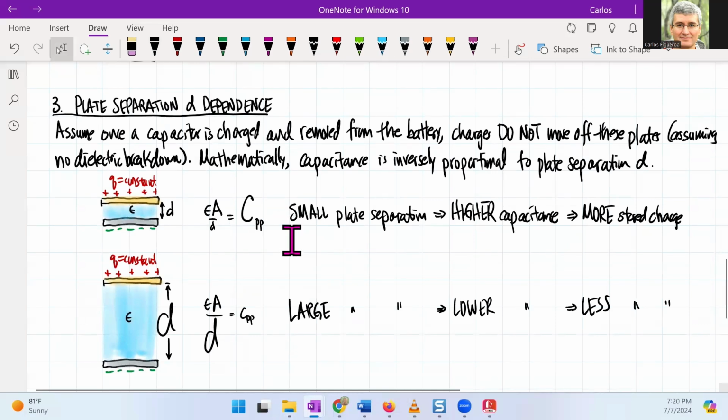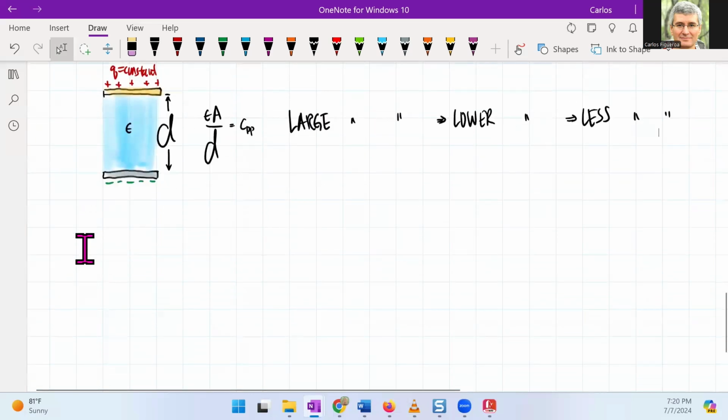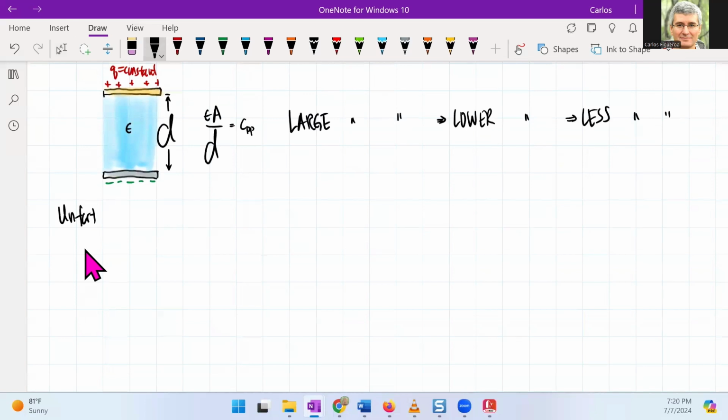I mean, that's what it looks like mathematically, but I have no idea what that means. So unfortunately, this mathematical result does not give any physical insight.